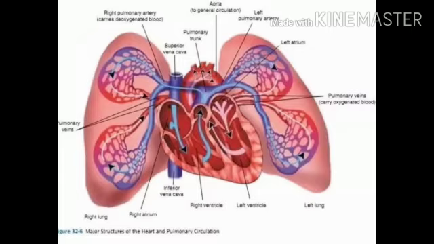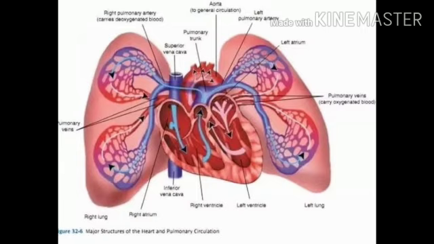The deoxygenated blood, that is the blood which contains more carbon dioxide and less oxygen, is brought from all body parts, and the heart receives this blood, that is the right auricle receives the blood, which in turn pumps the blood to the right ventricle, and then this right ventricle pumps the blood to the lungs.